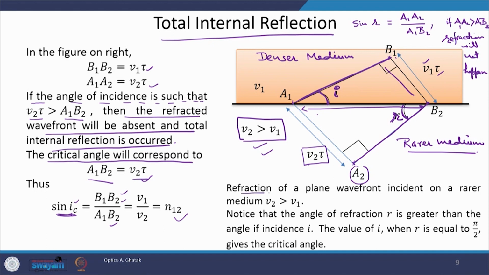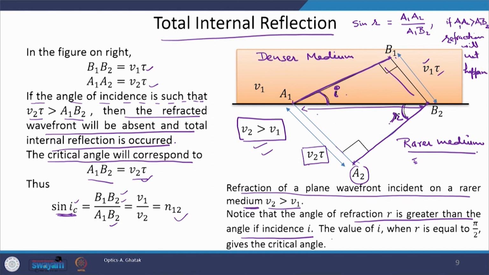Now, refraction of a plane wavefront incident on a rarer medium is being considered here. Therefore, V2 is larger than V1. The angle of refraction r is greater than the angle of incidence. You can see here that because this is a rarer medium, V2 is larger, therefore r would be larger than i.